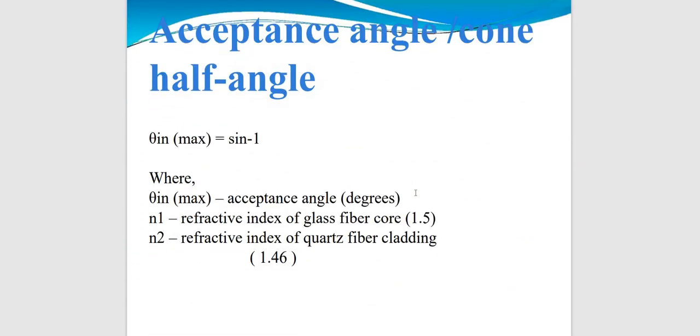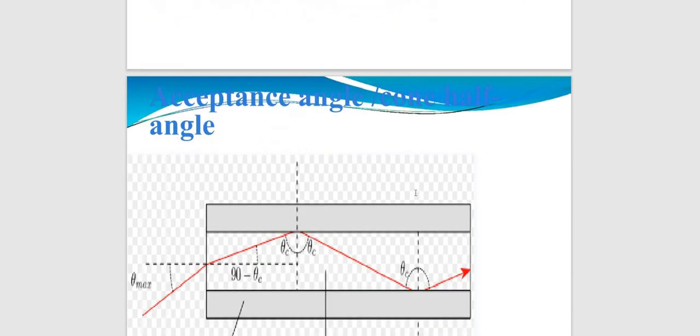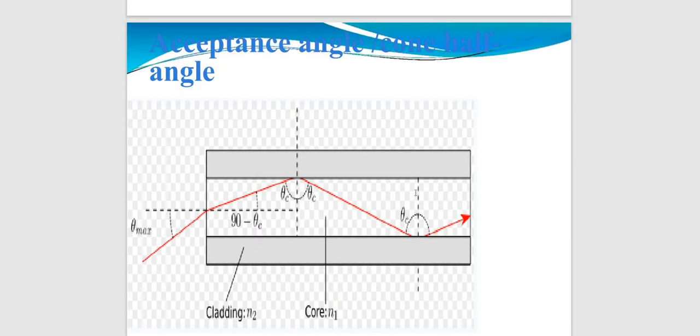This can be expressed as theta max equals sine inverse, where N1 is the refractive index of the core glass and N2 is the refractive index of the cladding. Here we can see the acceptance angle: the incident light enters at the axis of the core, and it is totally reflected back into the core itself with the same incident angle theta c.